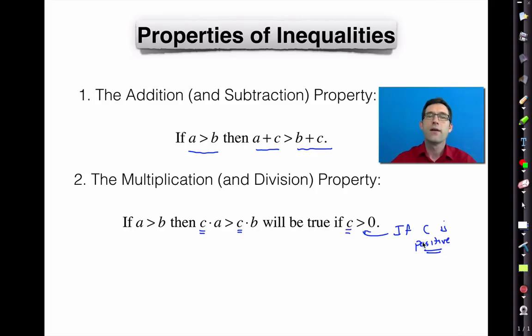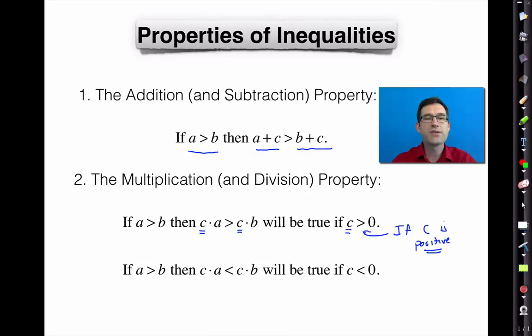Unfortunately, if A is greater than B, then C times A will be less than, look at this, look at how it's greater than here, and how it switches into less than here if C is negative. A lot of teachers, including me, describe it this way.